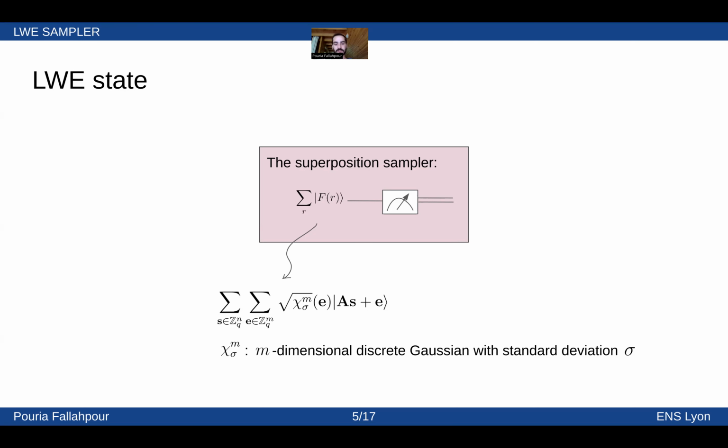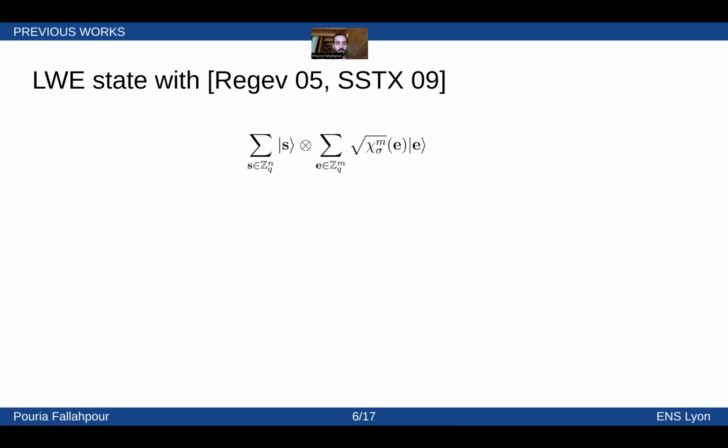If you measure this state, you will obtain a well-distributed LWE instance. So as I mentioned, building the superposition generally requires the inverse of the function. So let's start to see how it looks like for LWE.